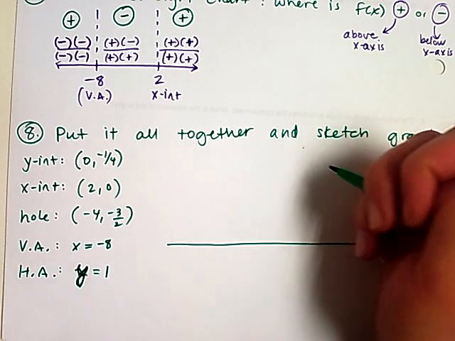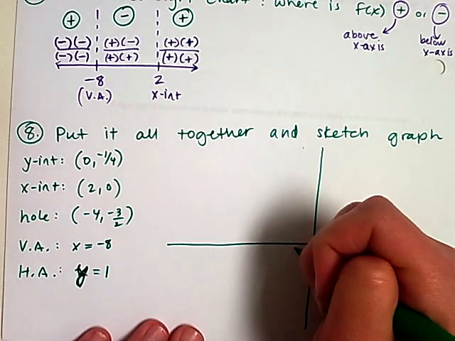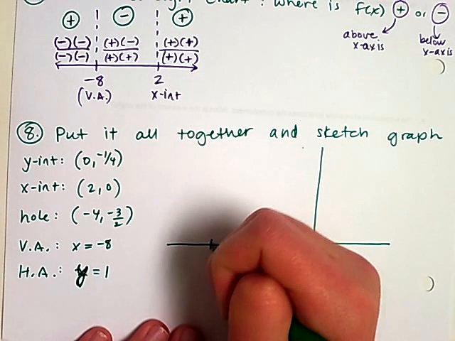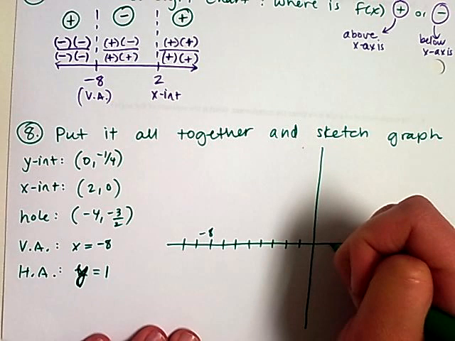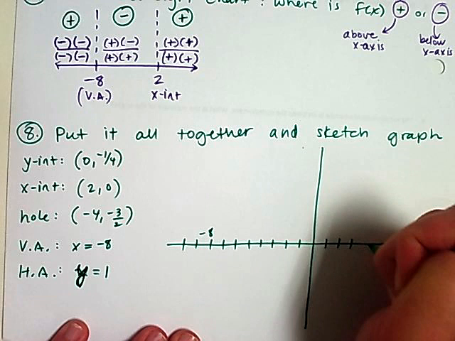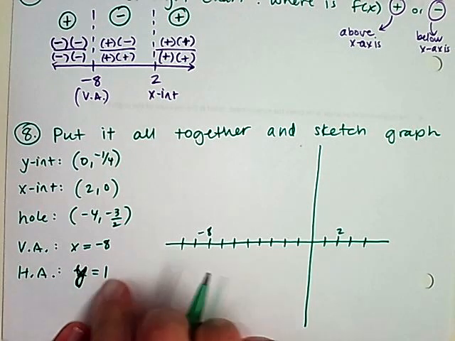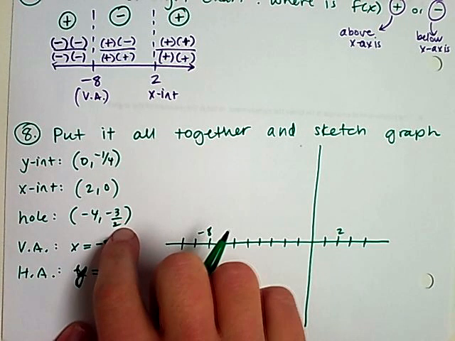So when I go to sketch my graph, I know I need to at least get to -8 on the x-axis, so I'm being strategic here. So that's -8. I also need to get to +2 on my x-axis. And then along y, I know I need to get at least to y equals 1, and I need my negative side to at least get to 1.5.